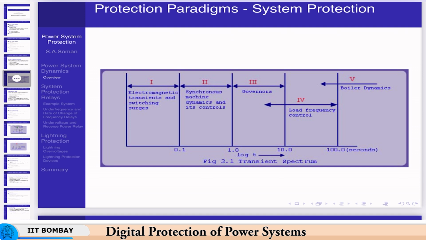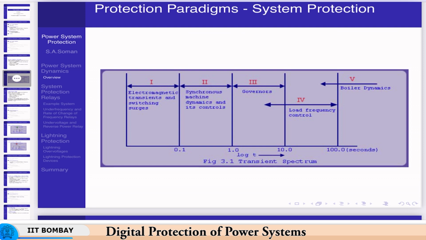to 1 second. Even slower than that are the electromechanical kind of governors, etc., that are present on the synchronous generators. After that, you have even slower dynamics like load frequency control, and the loads start reacting after that.